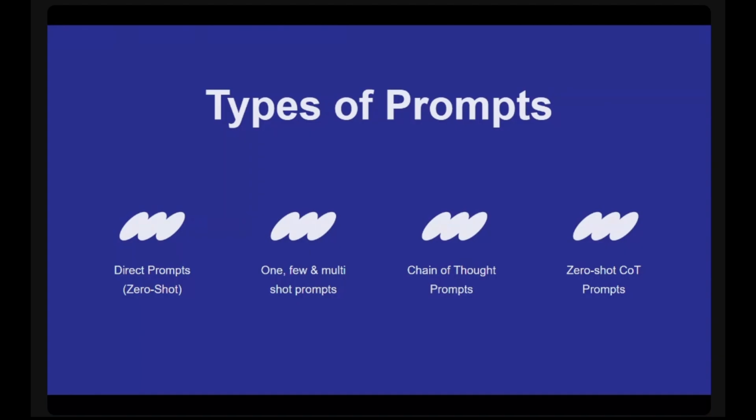Then we have chain of thought prompts. This is very interesting. Chain of thought prompts is one of the interesting types of prompts that maybe some of you might have seen, and maybe all of you might have seen. So what happens in this is you ask for the process that AI follows during generating the response, like the steps it follows. It will give you the answer, but how it reached the answer, what processes did it follow to reach that answer.